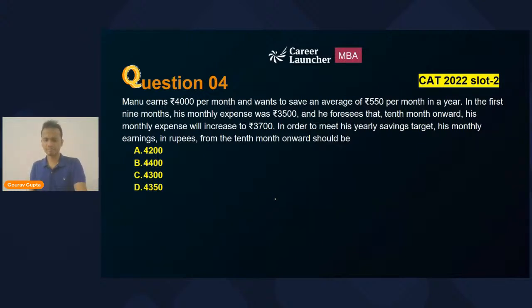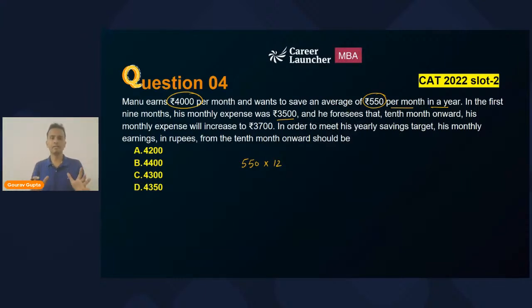Let's see, let's solve. Such an easy question it was. One earns 4,000 rupees per month and wants to save an average of 550 per month in a year. So can I say that he wants to save a total of 550 multiplied by 12? All right. In the first 9 months, his monthly expense was 3,500, and he foresees something for the next 3 months.